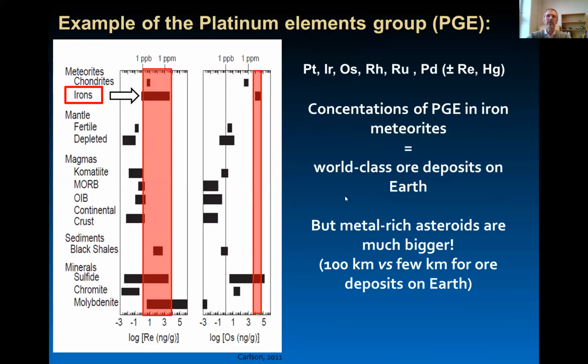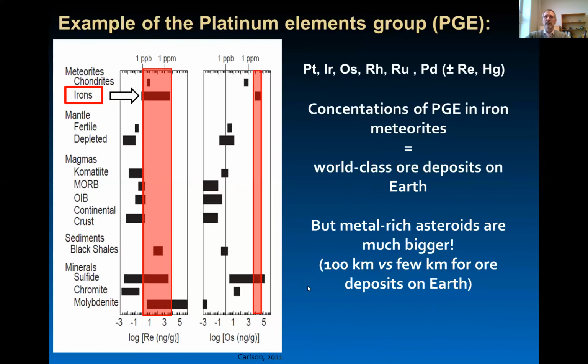The main difference is that the ore deposits on Earth are only a few kilometers in size for the biggest, but in the asteroids, it could be 100 kilometers big. So we have much bigger resource available in asteroids than on Earth.